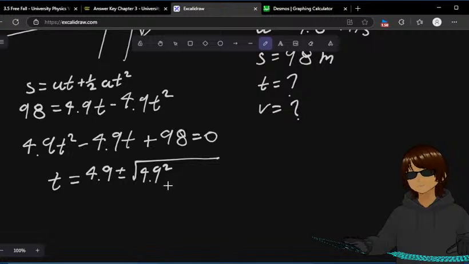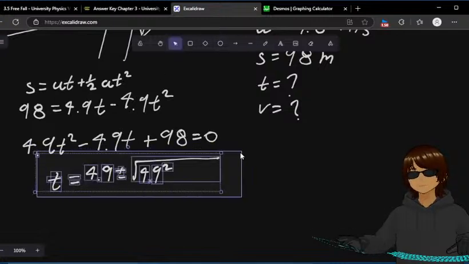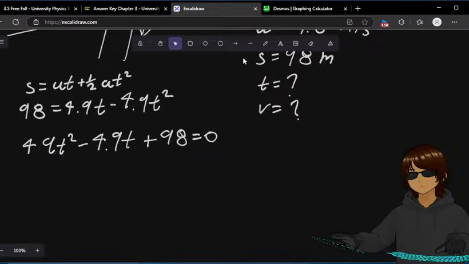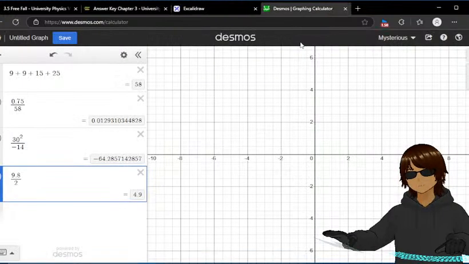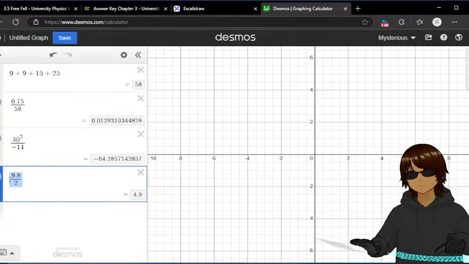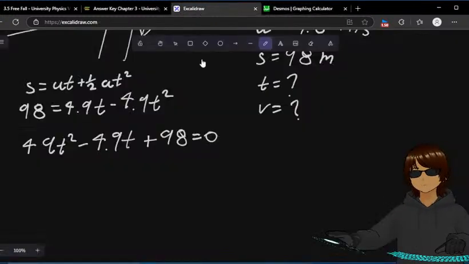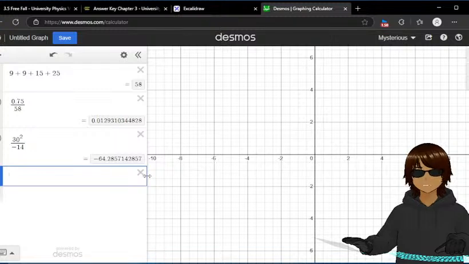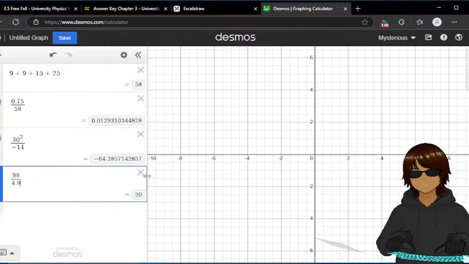Hold on a minute, actually I can divide both sides by 4.9, wouldn't that be easier? 98 divided by 4.9 is 20.